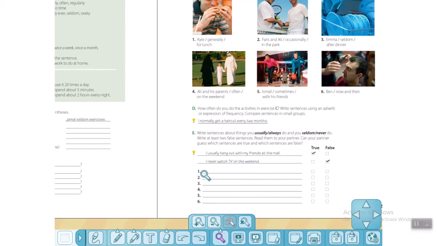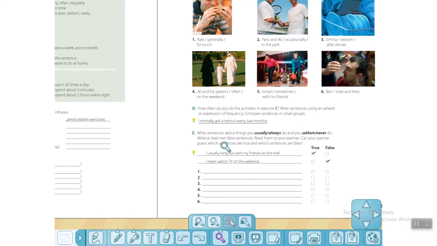All you need to do in these 6 points is to write sentences about yourself using always, usually, seldom or never. Okay?